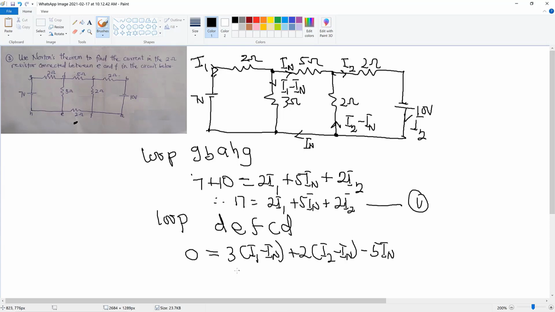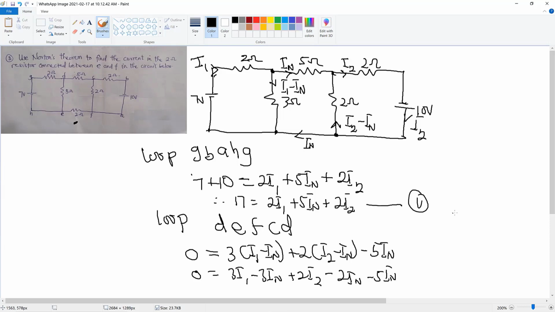So simplifying this, we have 0 is equal to 3I1 minus 3IN plus 2I2 minus 2IN minus 5IN.